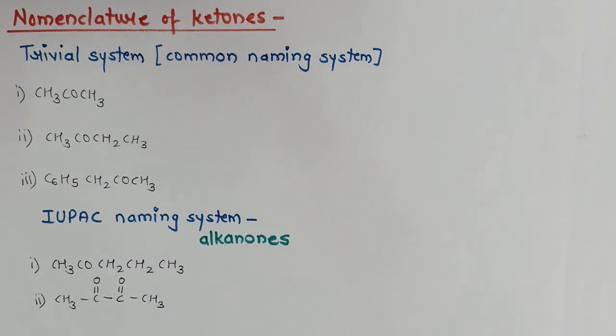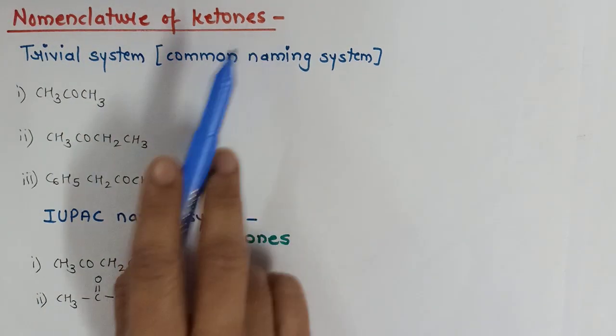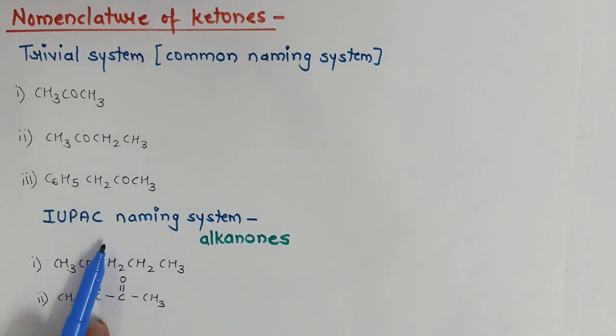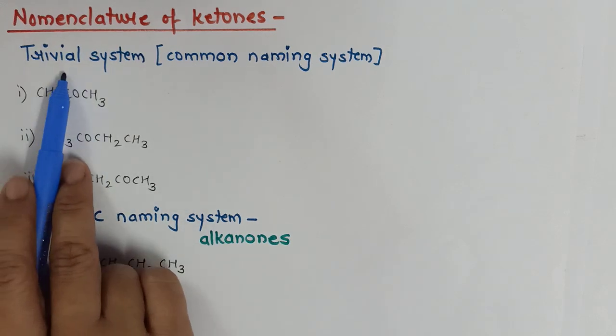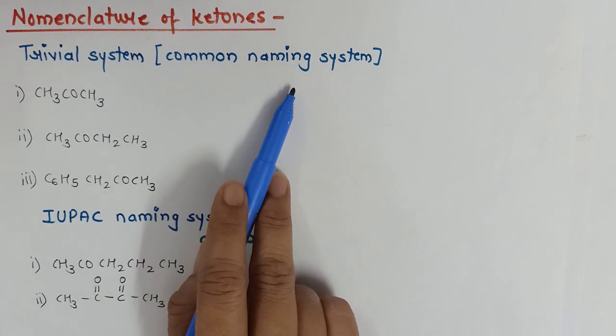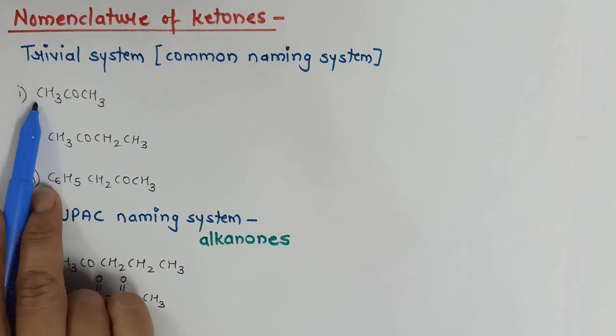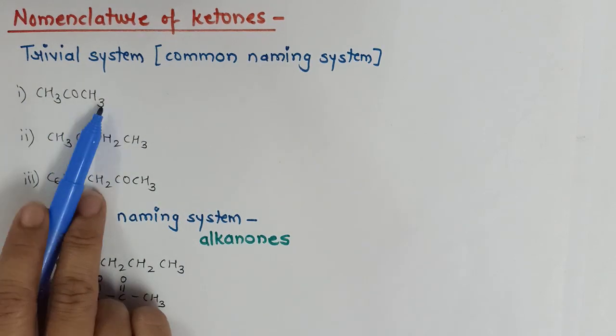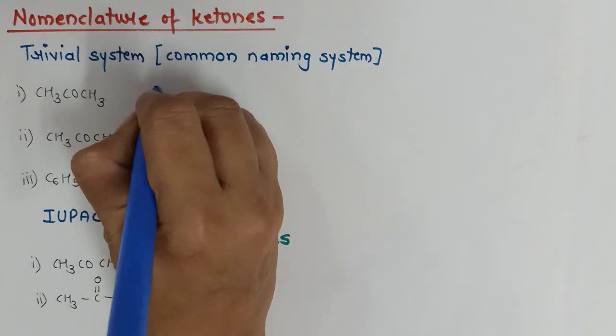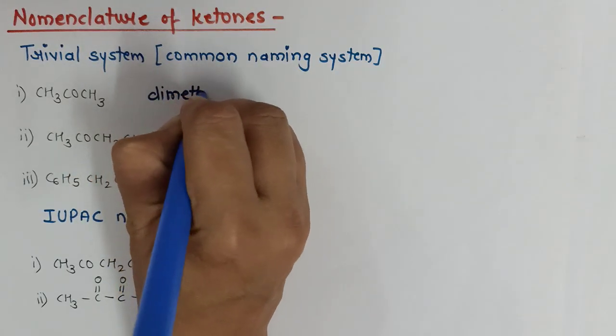Now let us try to solve certain examples of ketones. Again in nomenclature of ketones, we will be discussing the trivial system and the IUPAC naming system. The trivial or common naming system is a very simple one. In this, there are two methyl groups and therefore it will be named as dimethyl ketone.